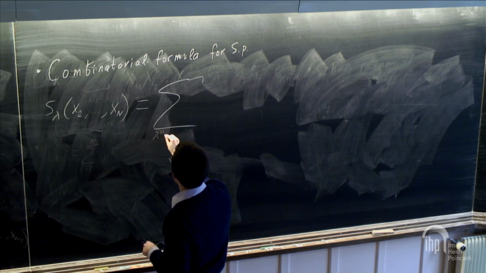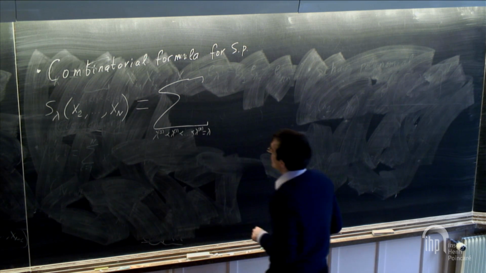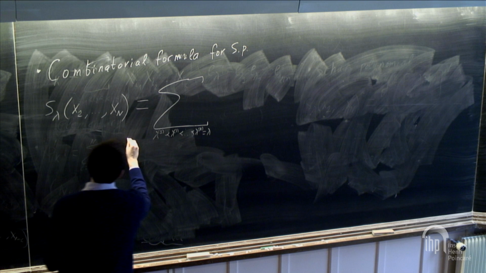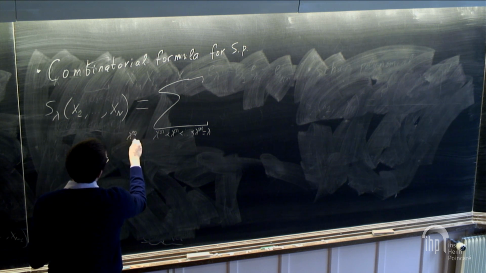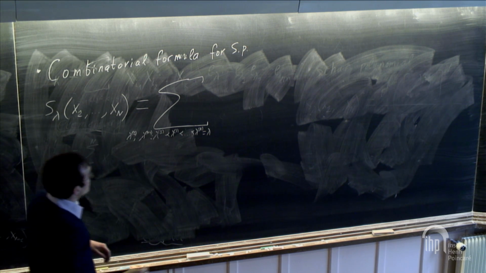over lambda 1, lambda 2, up to lambda n equal to lambda. So it's a sum over lambda 1, up to lambda n minus 1, such that we have this interlacing.